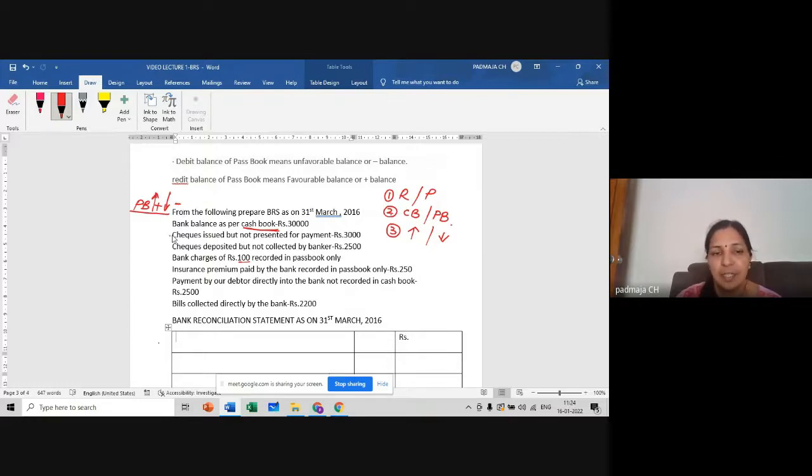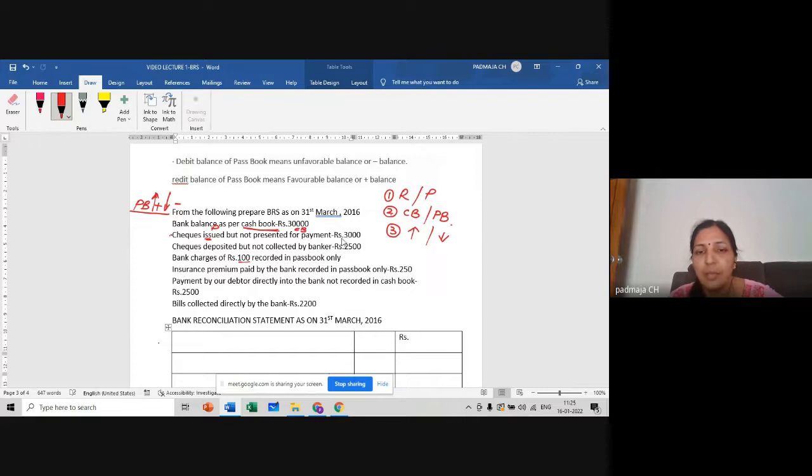Now let us see. Checks issued but not presented for payment. Check issued means what? Is it a receipt or a payment? It is a payment. Where is it recorded? Is it recorded in cash book or passbook? Not presented for payment means it is not recorded in passbook. So it is a payment recorded in cash book.